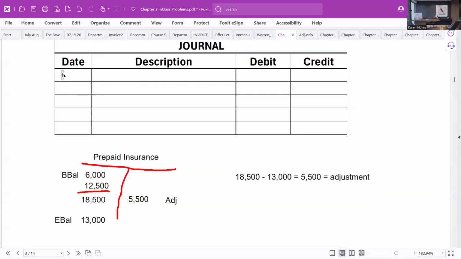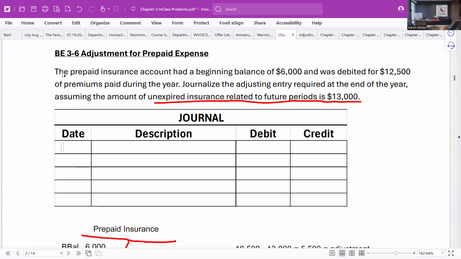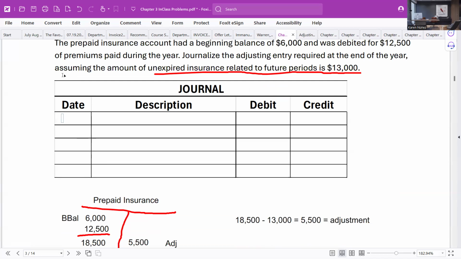So the basic adjusting entry that we need to make here at the end of the year is to debit insurance expense for the 5,500 and to credit that prepaid insurance account for the 5,500.